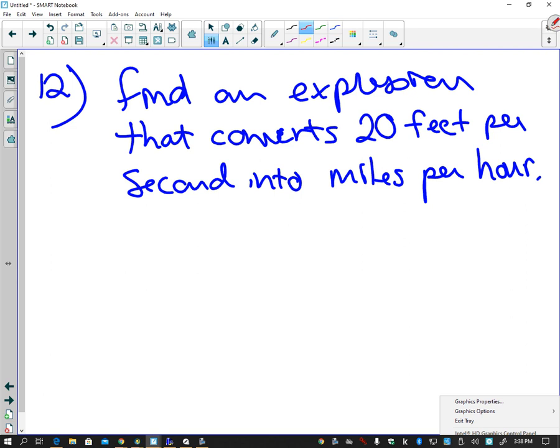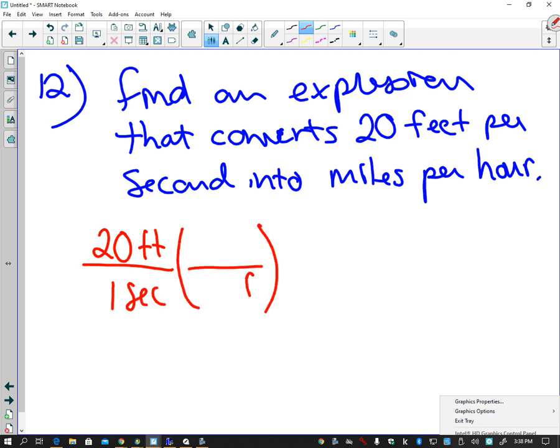Okay, so we would start off by writing 20 feet over 1 second. Okay, we want to convert feet to miles, so feet are going to come down here because it's on the top over on the other part. Miles on top, miles are bigger, 5,280 feet in a mile.